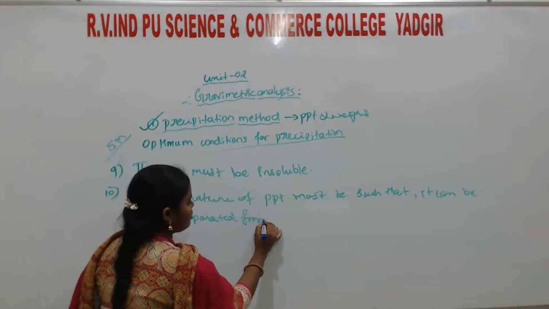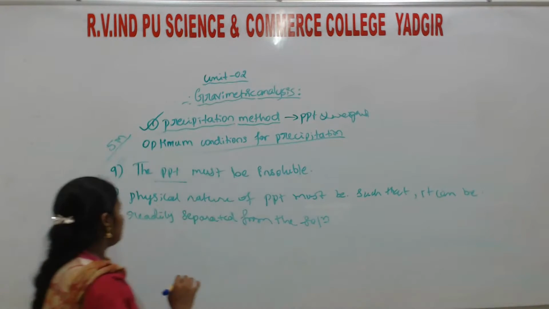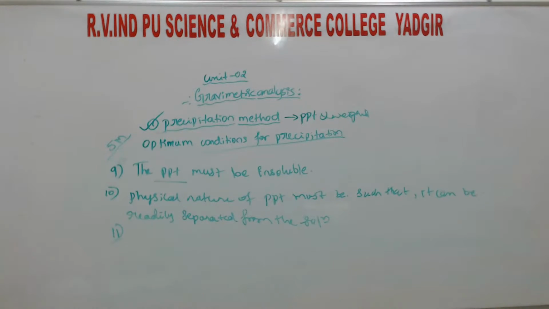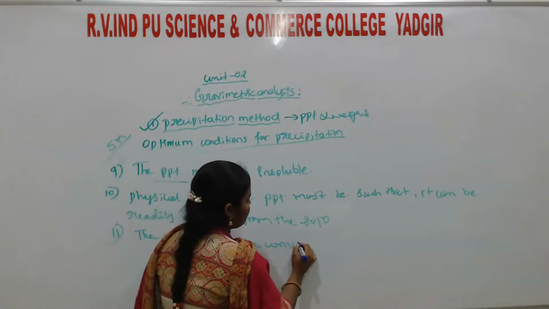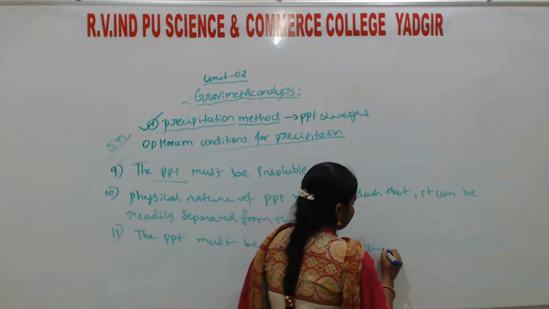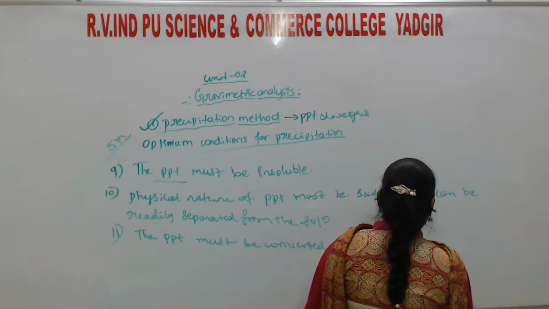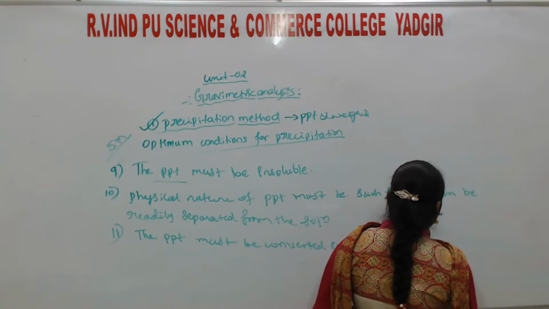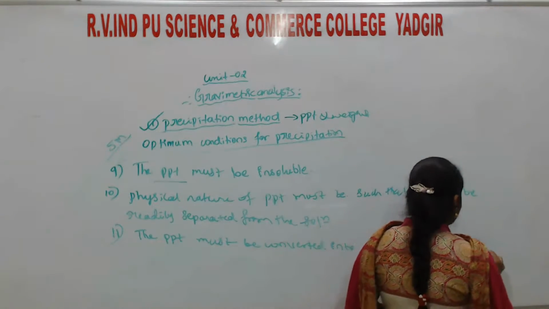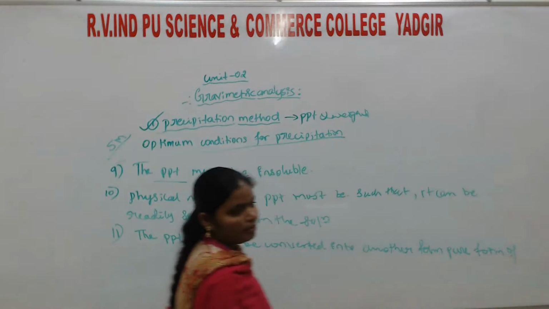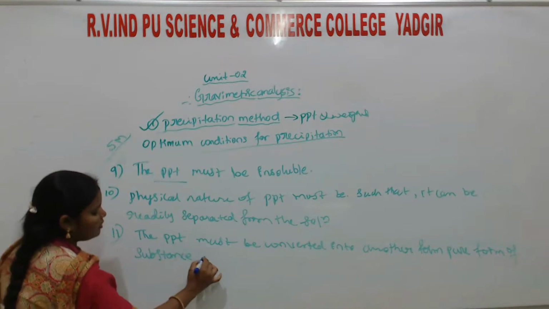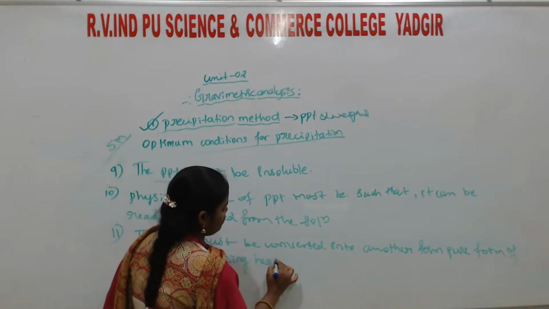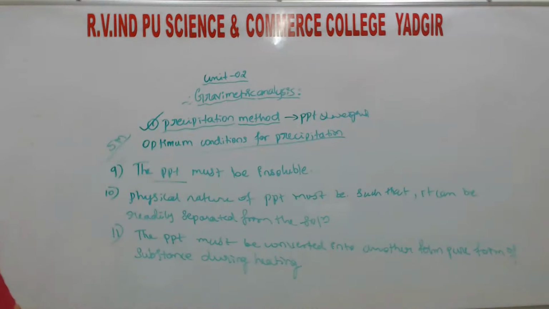Next, the eleventh point: the precipitate must be converted into another pure form of substance during heating. This is the eleventh point.